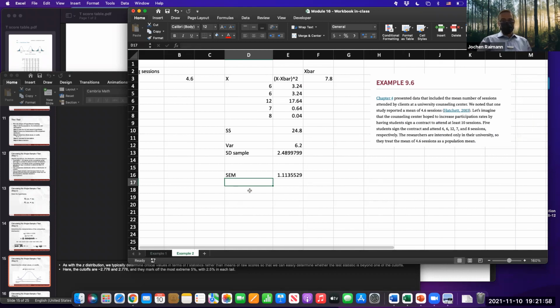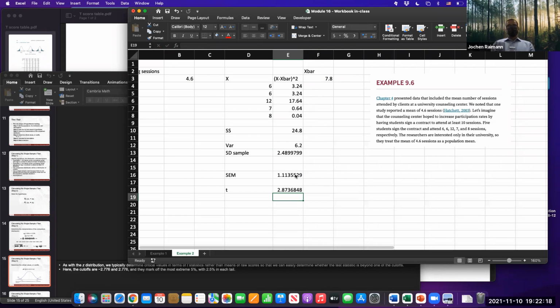We're calculating the t. We're doing our x bar minus the mu divided by the standard error of the mean.